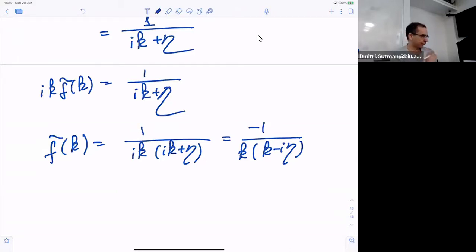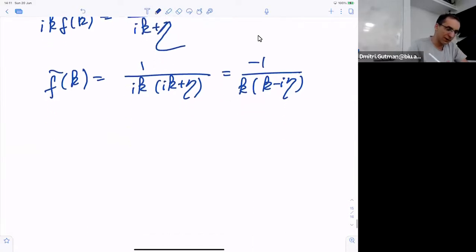Okay. Now we want to get it in the x representation. So what should we do? We should compute an inverse Fourier transform. And here there is one point that is worth thinking about.